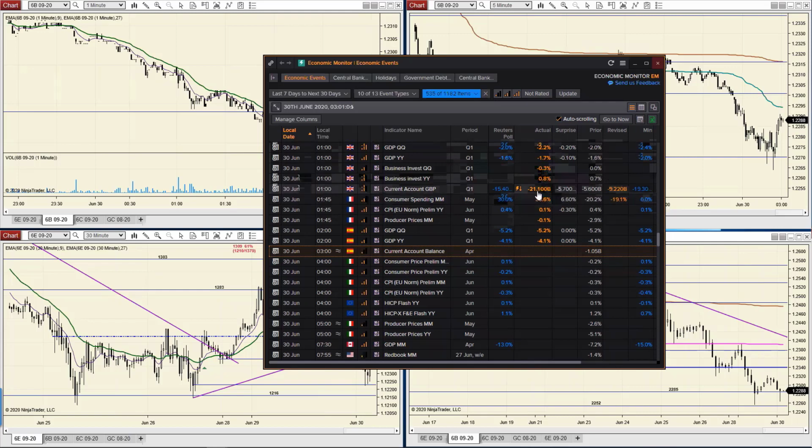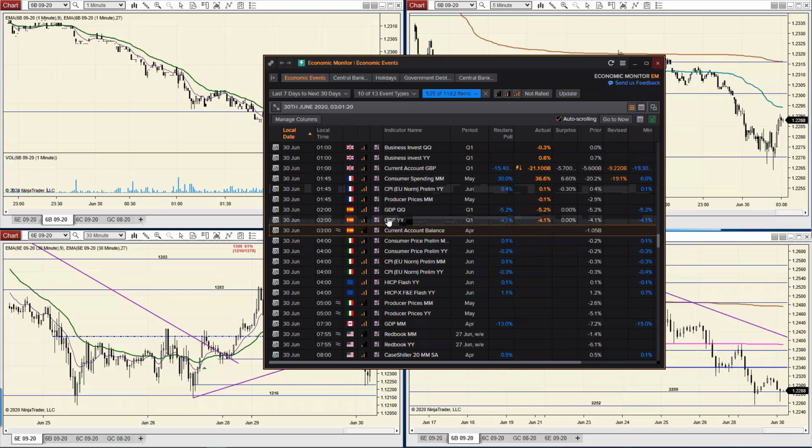Current account was somewhat weaker than what was expected. Then a little bit later on, we did get French consumer spending as well as Spanish GDP. The French consumer spending came in pretty much in line, and then Spanish GDP came in right to what they were expecting, negative 5.2%.